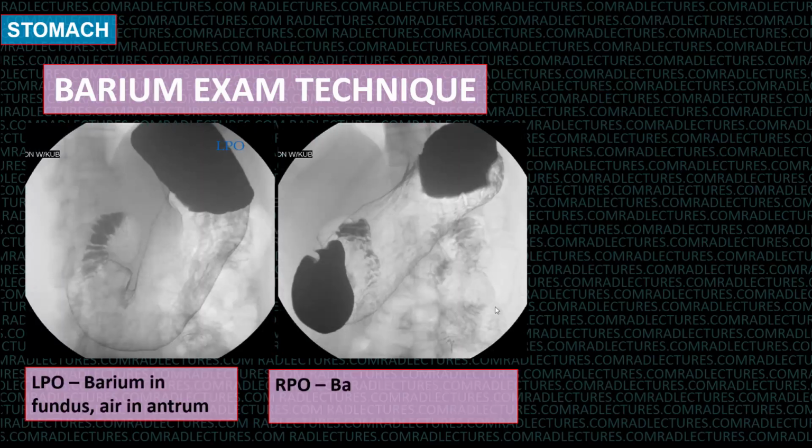Then after that, you start turning the patient to one side, and as they turn laterally, the barium will begin to flow along the lesser curvature into the antrum. When half of the barium has flowed, you put the patient back a little bit, so now they are in the RPO position, so that there is barium in the fundus and in the antrum, and you are seeing the body outlined by air.